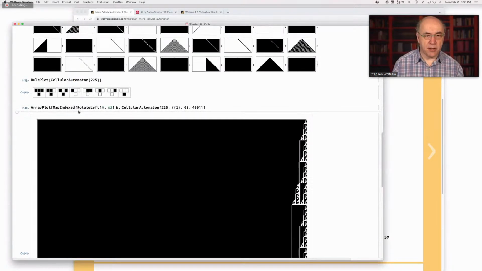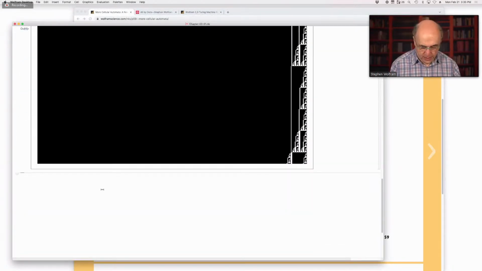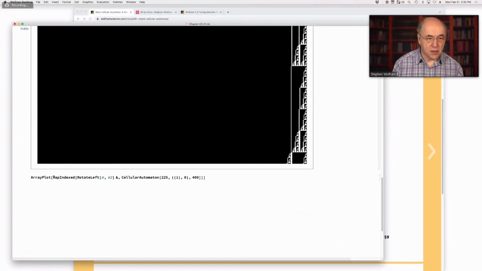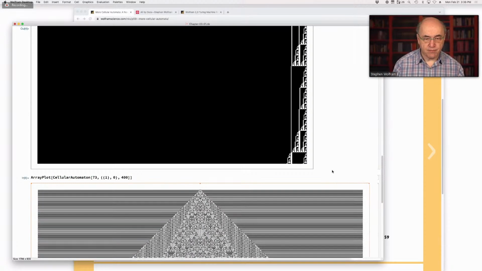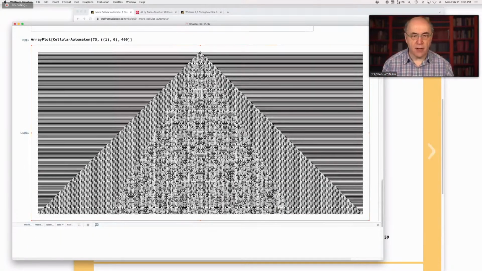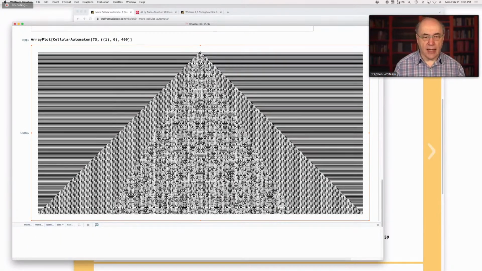Let's make a nice picture of Rule 73 here. Let's get rid of that. Just make a picture of Rule 73. Rule 73 has stripes in the background, and it has this rather elaborate pattern. We could probably make a picture here if we, let me see, how would we do this?